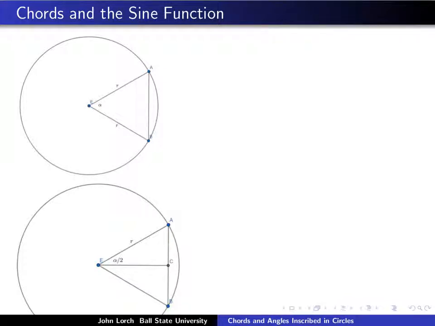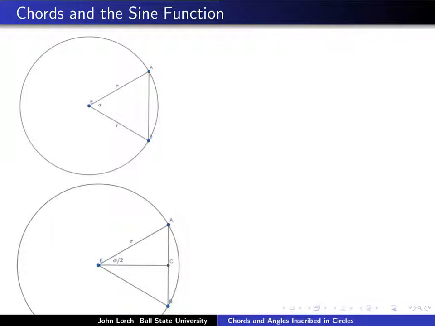So now I'd like you to focus your attention on the top figure, where we have a circle centered at E, and we have a central angle alpha, the rays of which determine 2 points, A and B, on the circle, and we can join A and B with a segment. That segment, or rather the length of that segment, is called the chord of alpha.